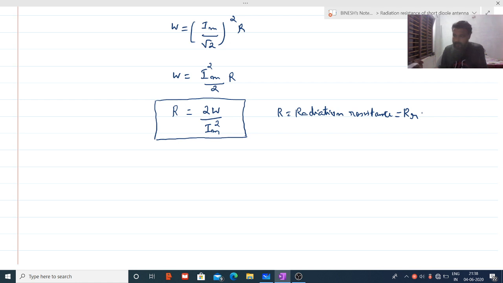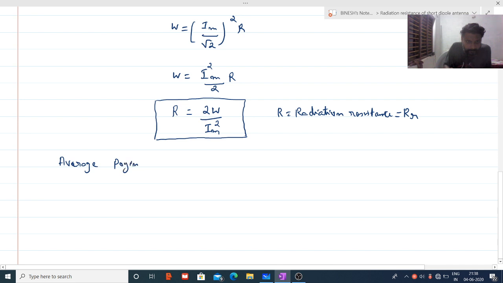So in general you know that the average Poynting vector is given by P average, which is nothing but 1 by 2.